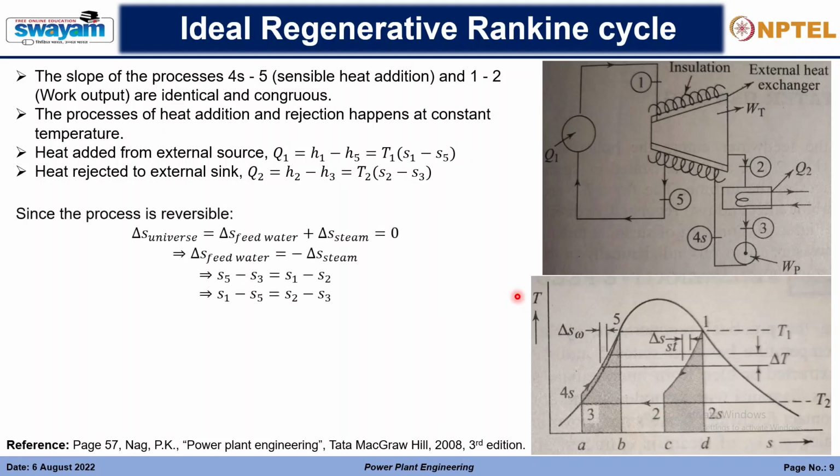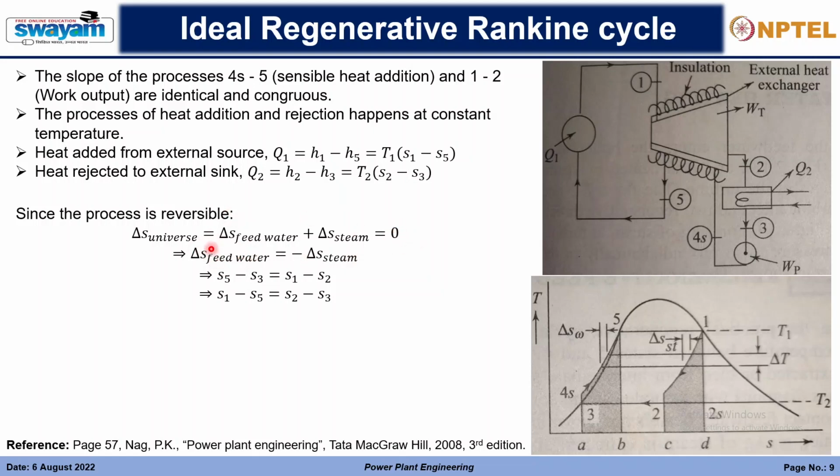Since the process is reversible, let us recollect this particular formula. The S universe is the sum of the entropy of the feed water and the entropy of the steam, right? But since the process is reversible, there is no net increase of entropy, so that amounts to 0.